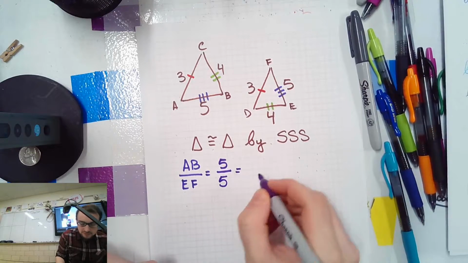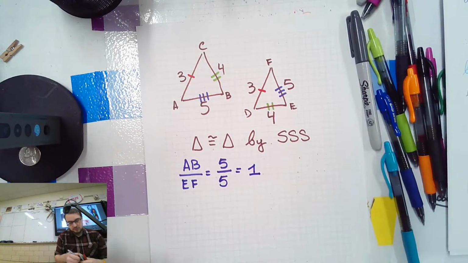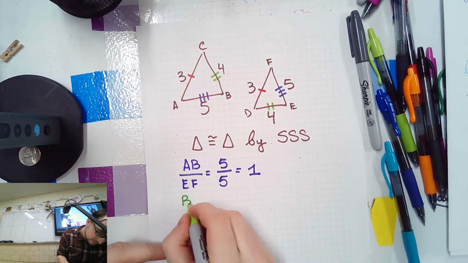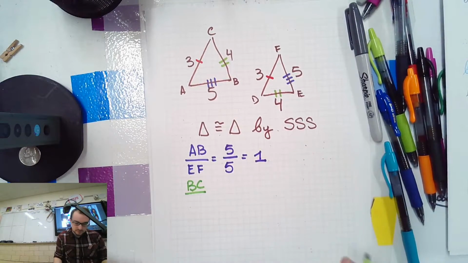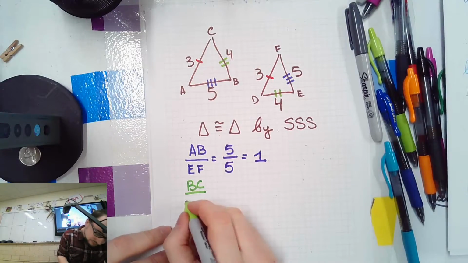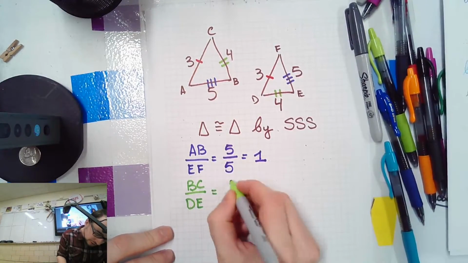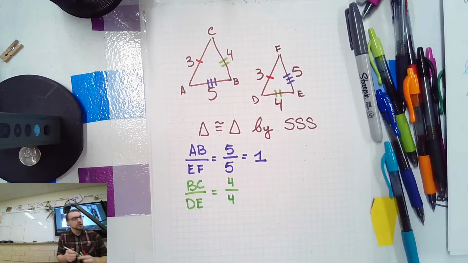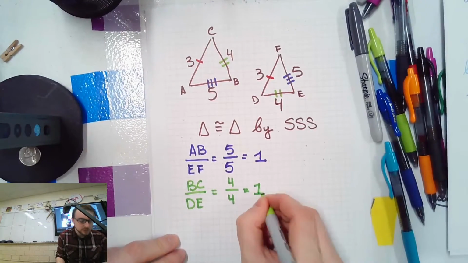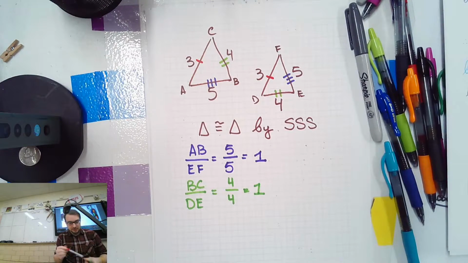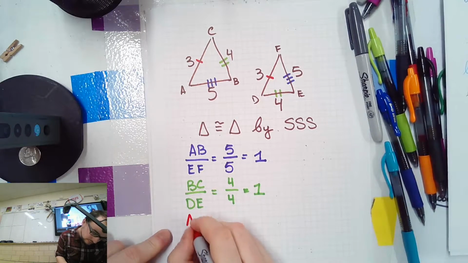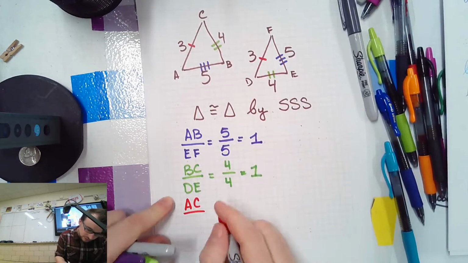What's 5 divided by 5? 1. What does BC go with? DE, and their ratio is 4 versus 4, which is also 1. And if you check the last one, AC goes with DF.